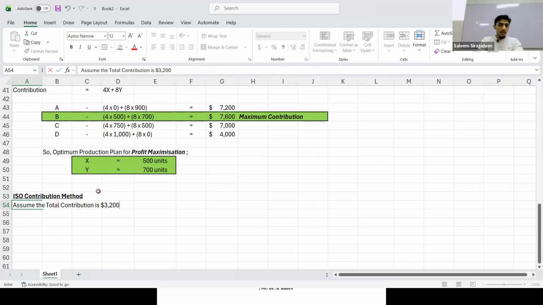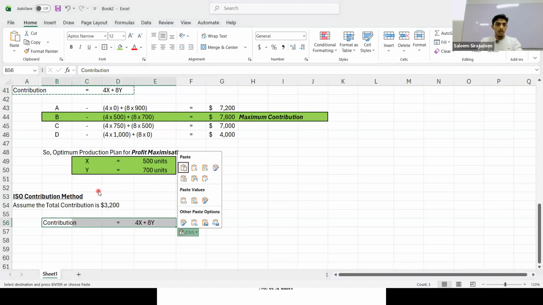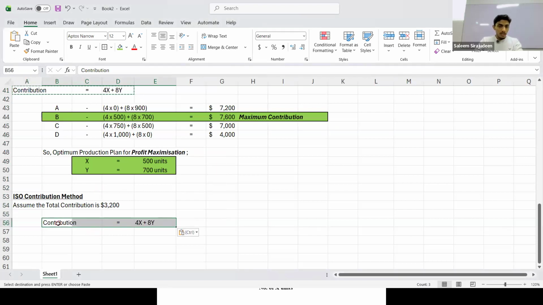Then what is your contribution equation? It is C equal 4x plus 8y, correct?